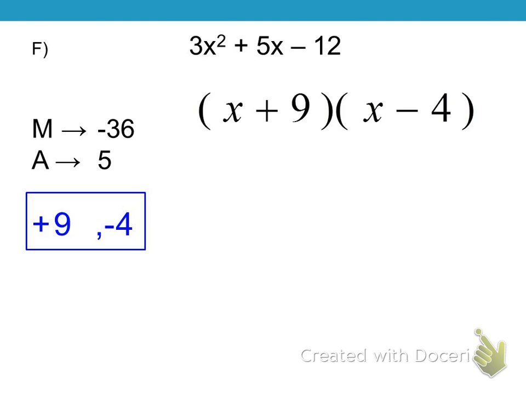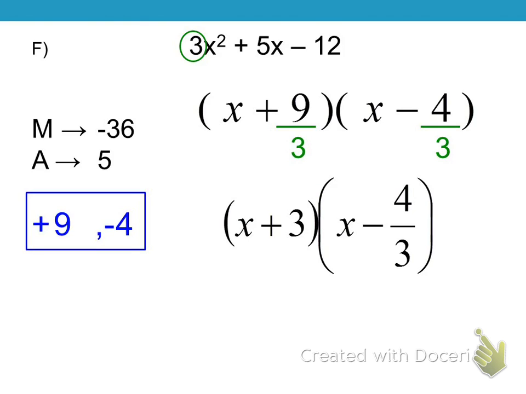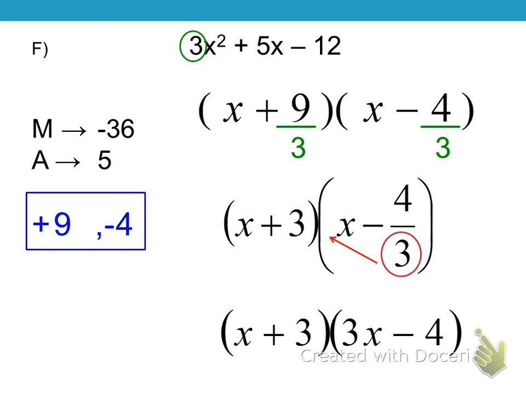Am I done? No. What do I have to do? Divide both of those numbers by 3. What is 9 divided by 3? 3. You cannot evenly divide 4 and 3. So what do I do now? 3x minus 4. You move the bottom up. And that is our answer. And as always, if you're not sure if that's right, double distribute and see if you end up where you started.